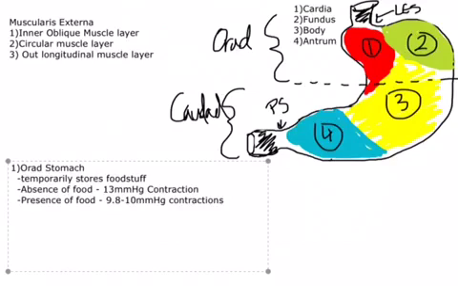In the absence of food, the orad region has contractions of about 13 millimeters of mercury. But once food is present in the orad region, the pressure drops to about 10 millimeters of mercury. The pressure drop is due to the muscle relaxing in order to accommodate the foodstuff. And this lasts about 30 minutes.